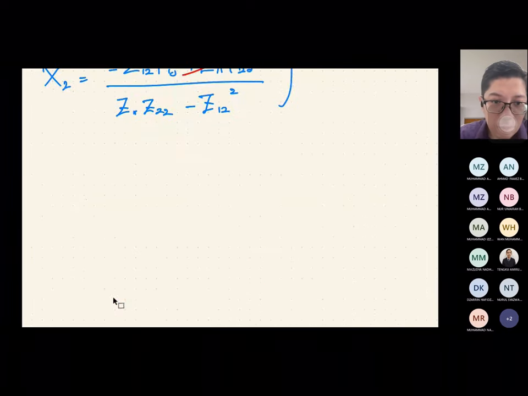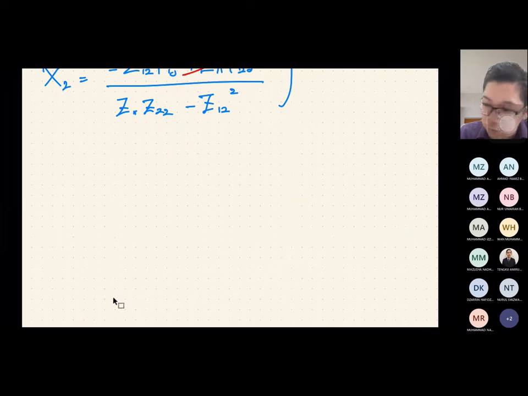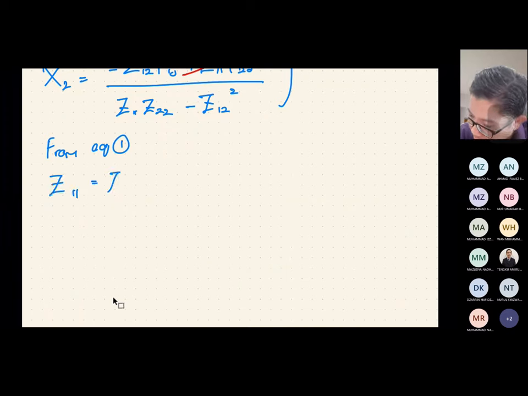Okay. So from equation 1, okay. From equation 1, okay. So we can define Z11 and Z22 is equals to negative omega squared m plus 2k.